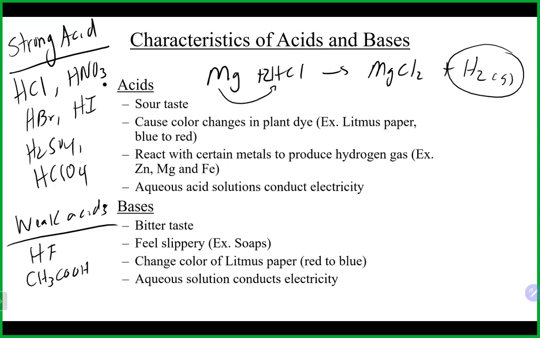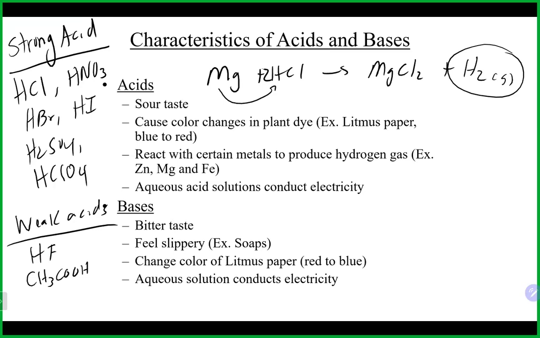These are weak acids, and as you can see, they're not one of those 6. So if you come across those, you would know that you're dealing with a weak acid. Again, a strong acid is a strong electrolyte, going to 100% break apart in solution. A weak acid is basically a weak electrolyte. It's going to mainly stay together, but produce a little bit of ions in solution.